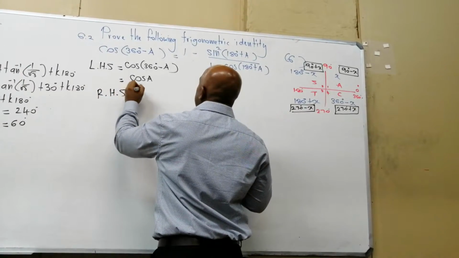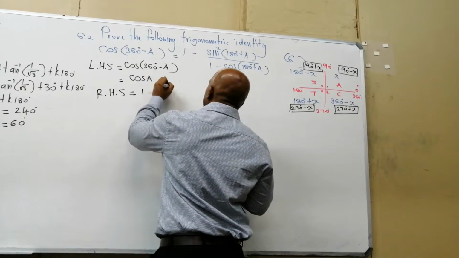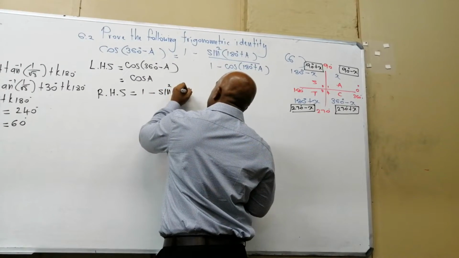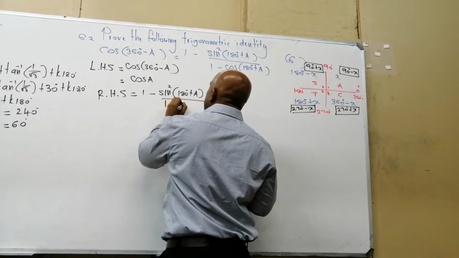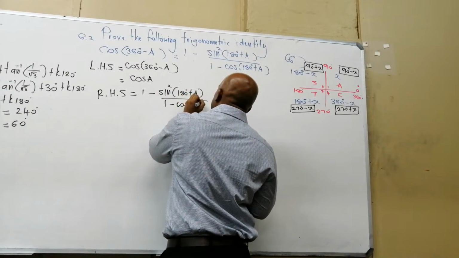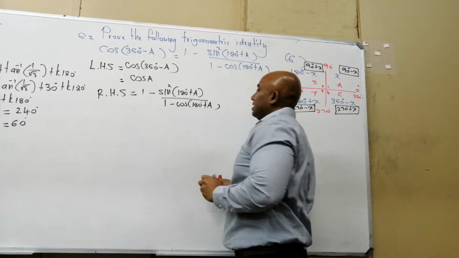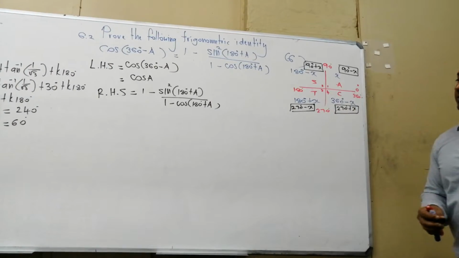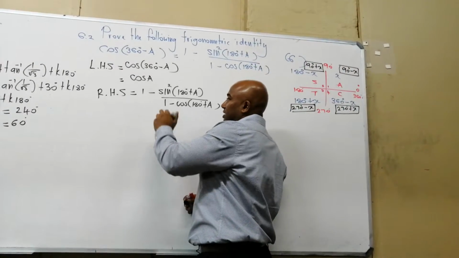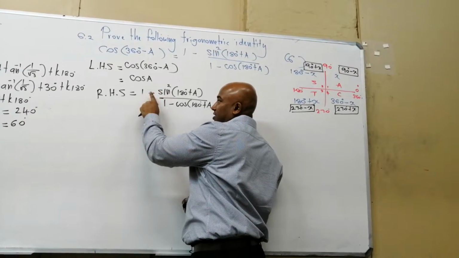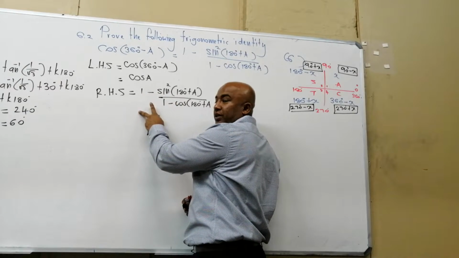The right hand side is equal to 1 minus sine squared of 180 plus a, all divided by 1 minus cos of 180 plus a. Now, notice that this is your fraction, so there's a minus sign separating these two here.